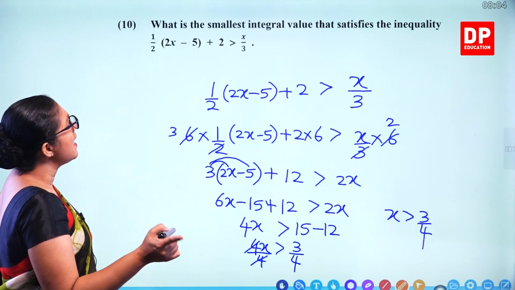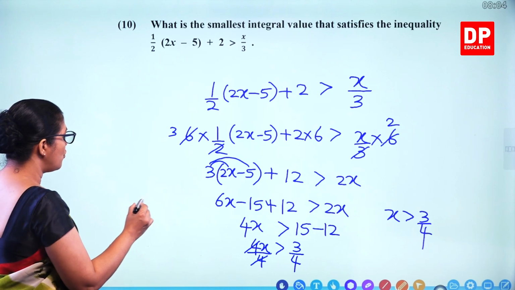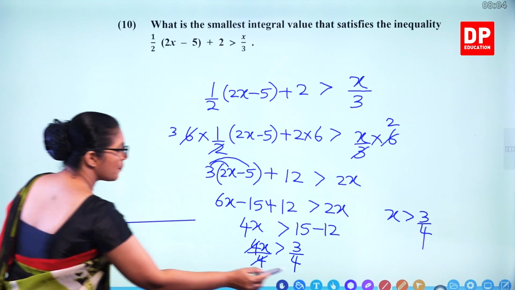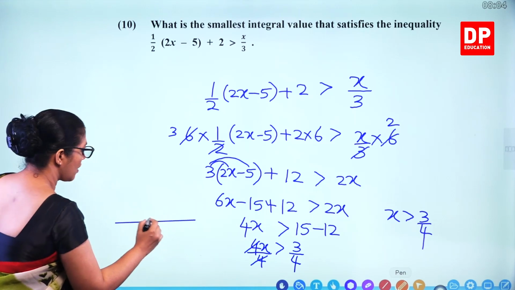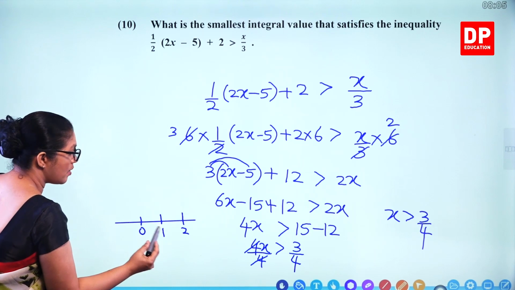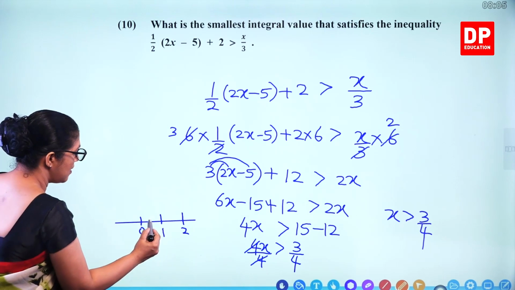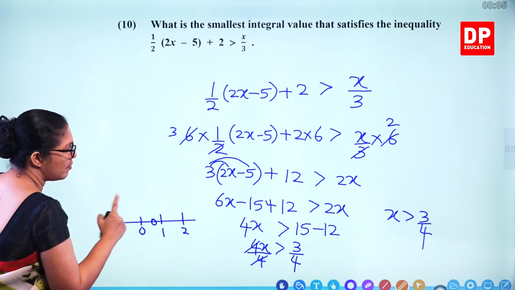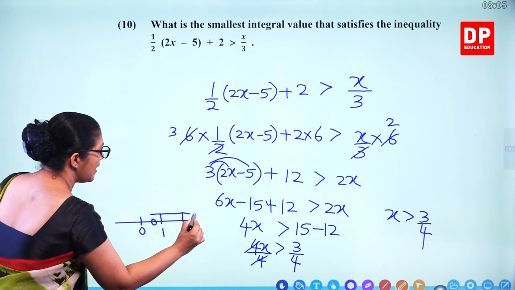So x greater than 3/4 means when you draw the number line, zero, 1, 2 like that. So 3/4 means in between 0 and 1. So this is the value x is greater than that.